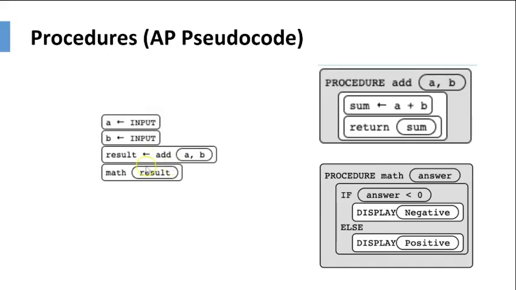So one thing to notice in this code is that first we get the input for A, then we get the input for B, and so far our code is working down sequentially through our operations. But something happens when you call a procedure. When you call a procedure, it actually interrupts the sequential execution of statements, and it jumps over to wherever that procedure was defined, and it works through those lines of code before it then comes back to wherever that placeholder was kept, and then continues sequentially down through your code.